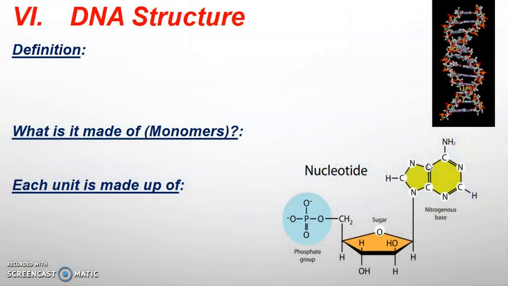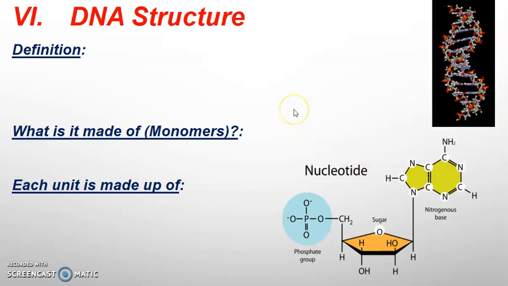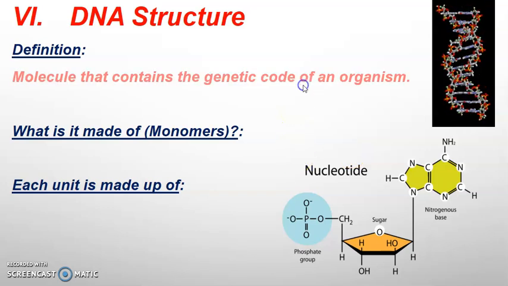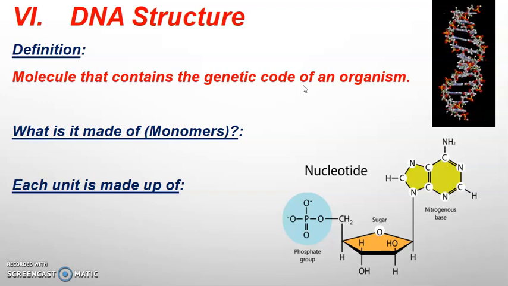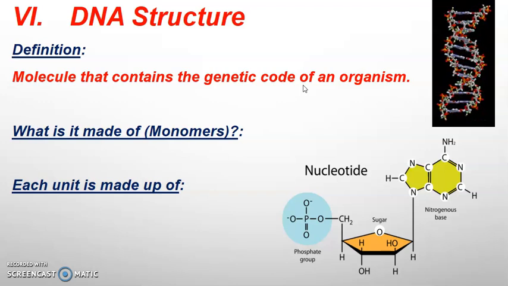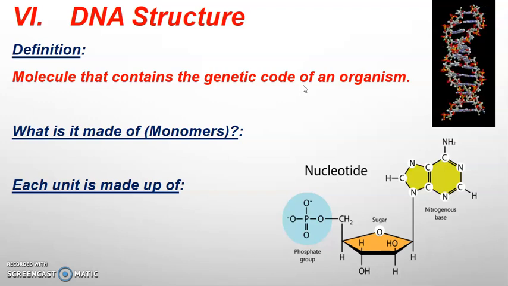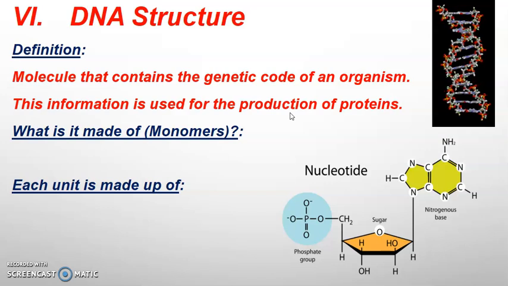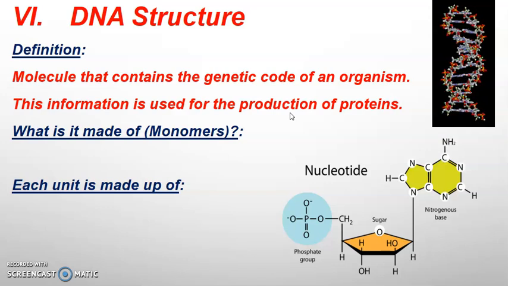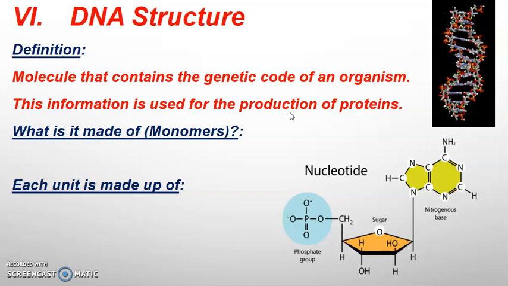So to begin, let's give a basic definition and function again of what DNA is. It is that molecule that contains all of the genetic code of an organism. Every organism on Earth has this information. And what the information really is, simply, is directions on how to assemble proteins.